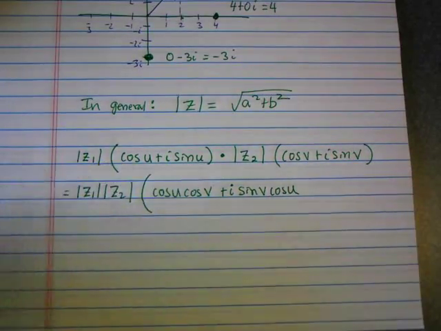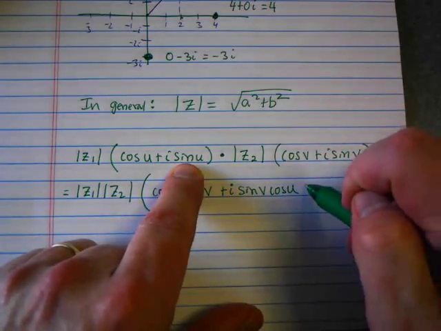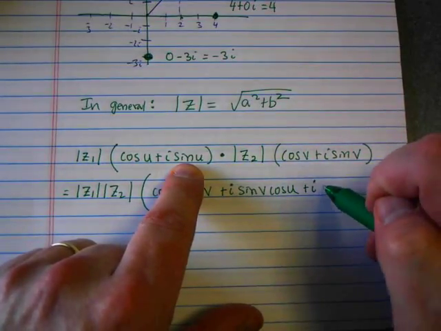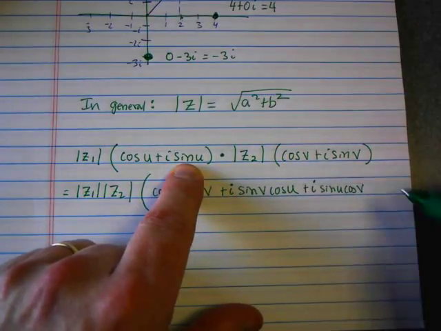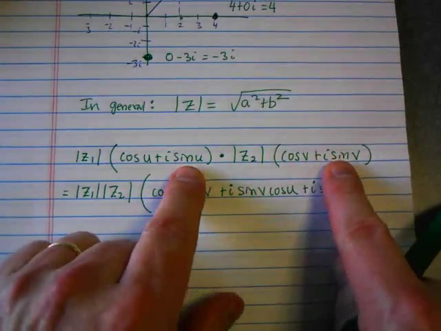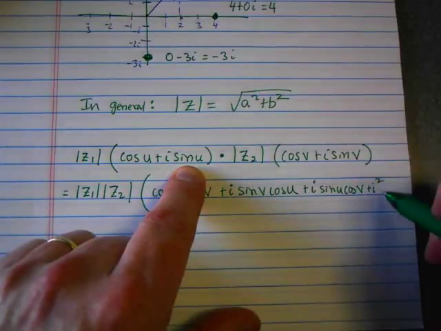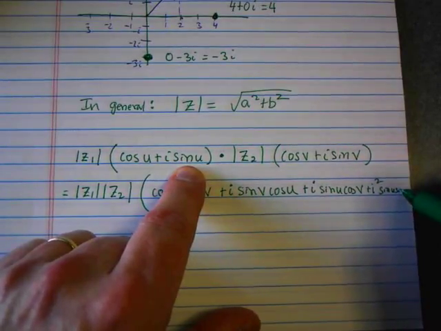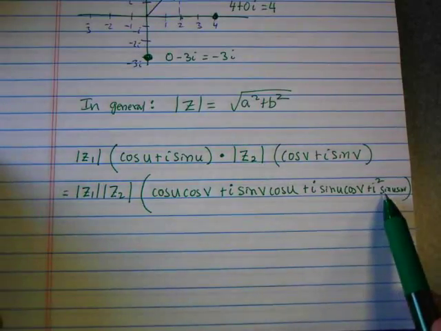I chose to put the sine one first because I wanted to. On the inside, I have another one that has an i. It has a sine u and a cosine v. And then finally on the last ones, I have plus i squared sine u sine v. I ran out of room, so I wrote it tiny there. But that says sine u sine v.